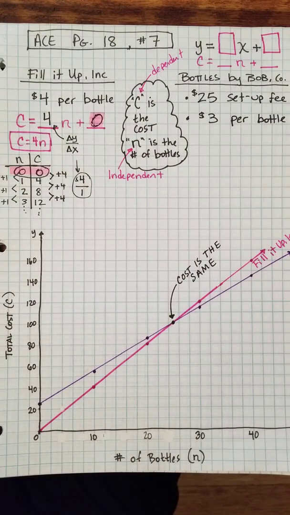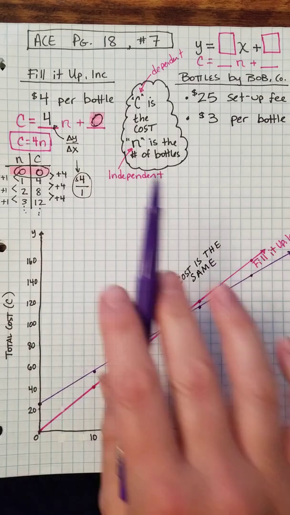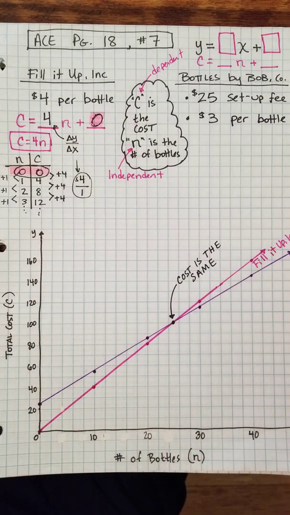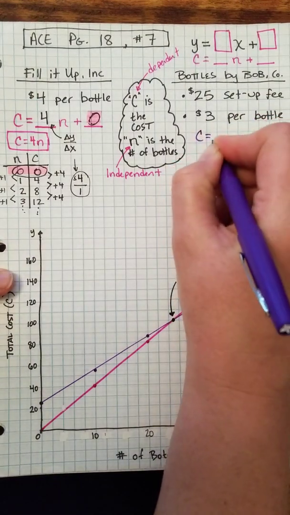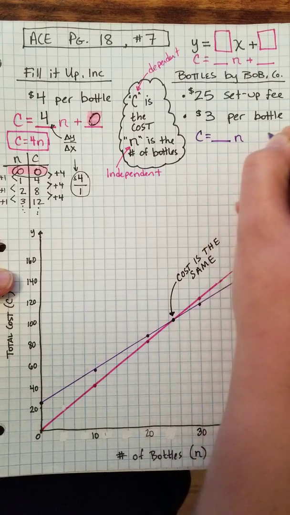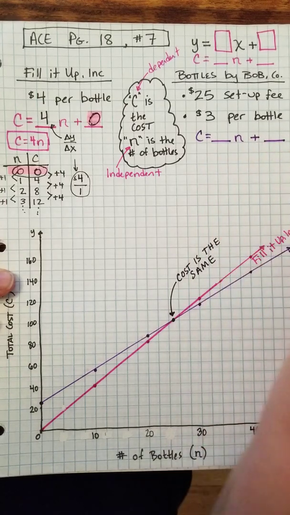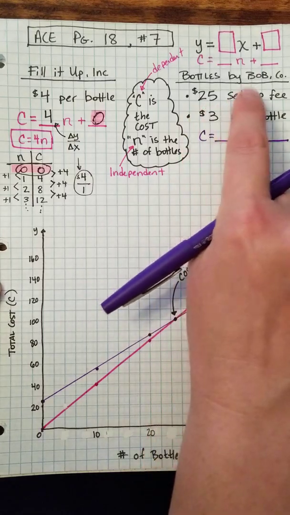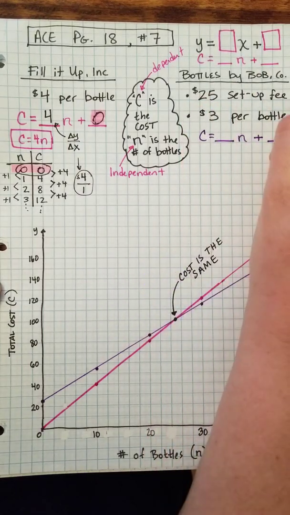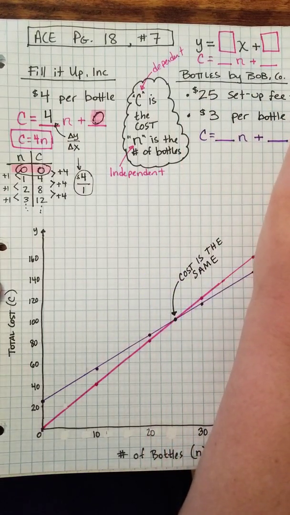So let's go to Bottles by Bob. Bottles by Bob has 2 things happening here. If I use that equation, C is equal to some value times N plus a starting point. Well, we know that Bottles by Bob has a $25 setup fee, so that ends up being my starting point.